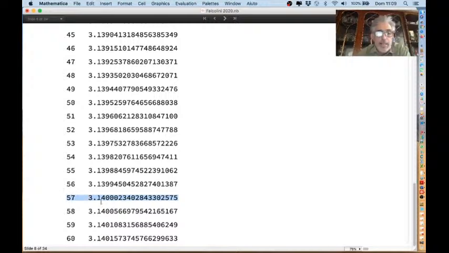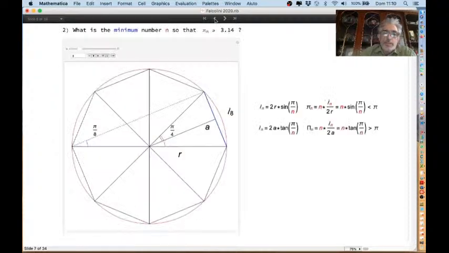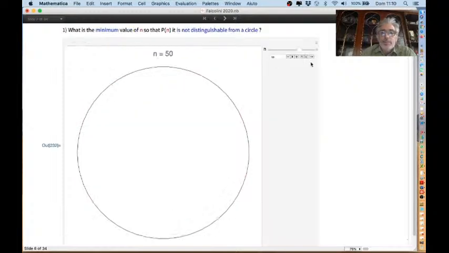It's the first n for which the perimeter of the regular polygons, the Pn, divided by the diameter of the circumscribed circle, overcomes 3.14. So let me say that this answer is close to the previous answer.